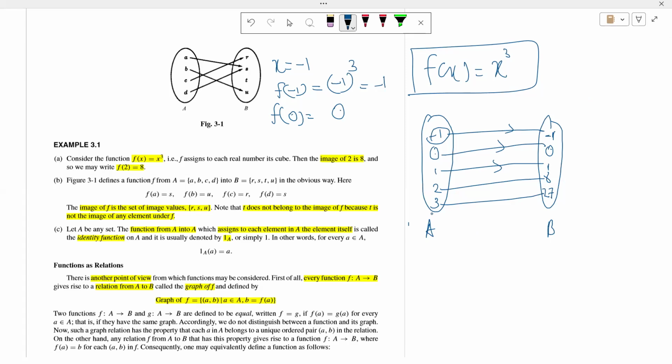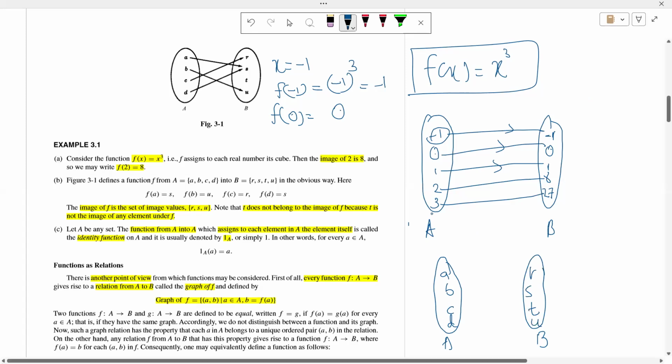Okay, the second thing. In the previous example, we have A as a set with elements A, B, C, D. There are 4 elements. B is another set.